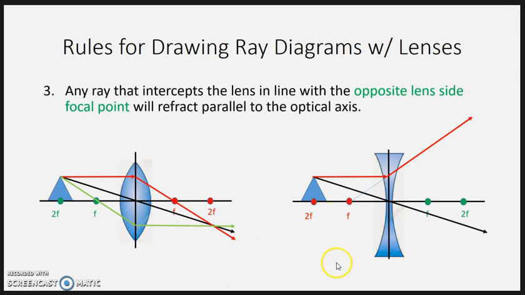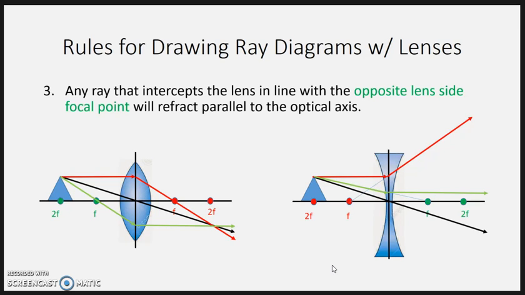With our diverging lens, because it's not going all the way to the focal point, you should line up your ruler with the focal point and draw our ray through to the center only and stop there, because at that point, as the rule says, it will refract parallel to the optical axis like this.